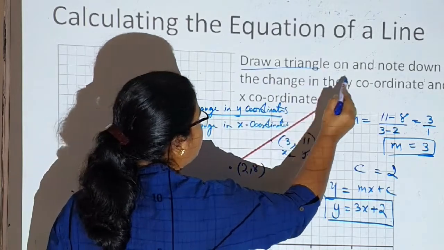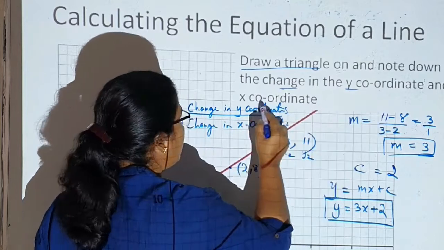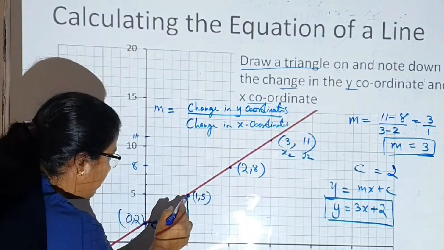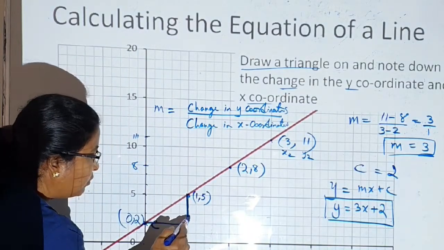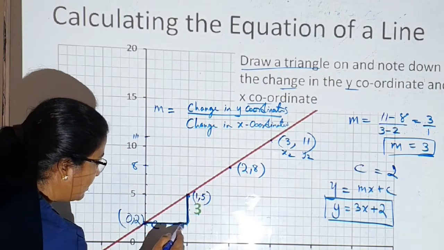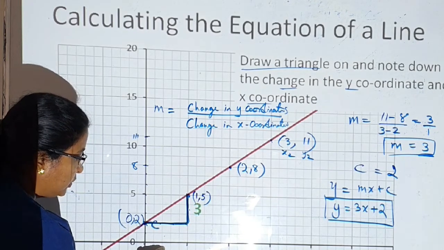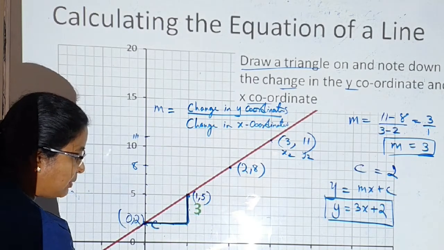Draw a triangle and note down the change in the y coordinate and the x coordinate. Change in y coordinate: this difference is 1, 2, 3, so 3. This difference is 1. Don't count the small boxes like this, because 5 boxes represent 1.